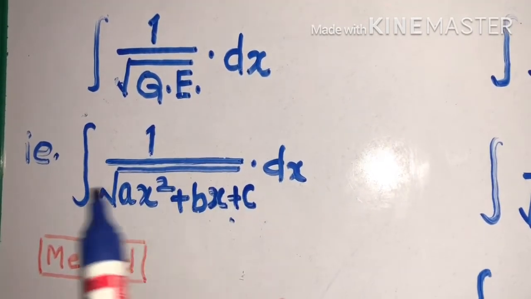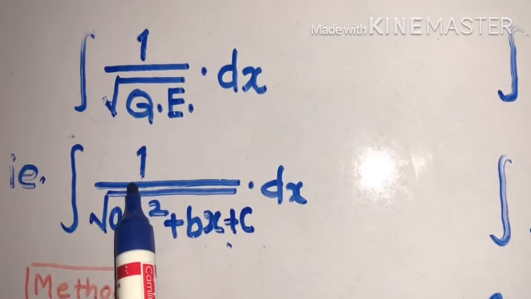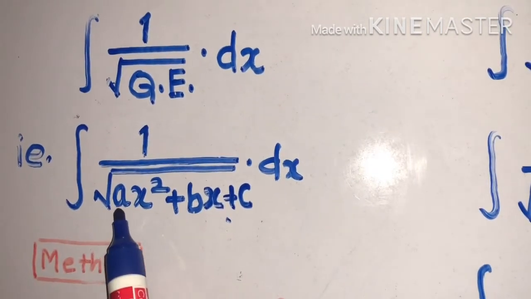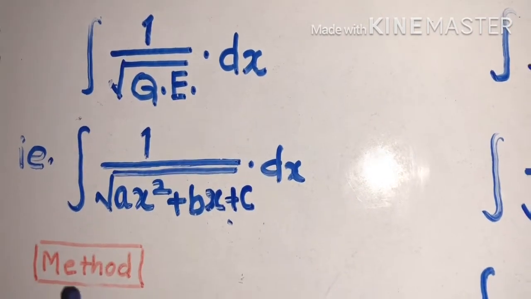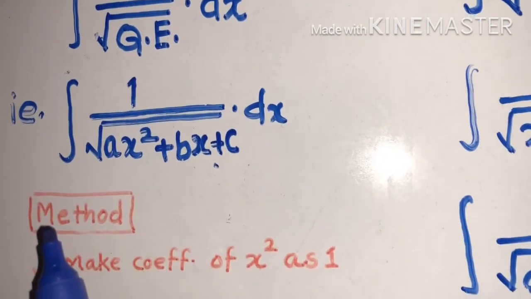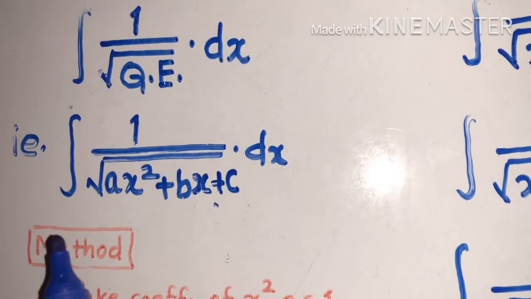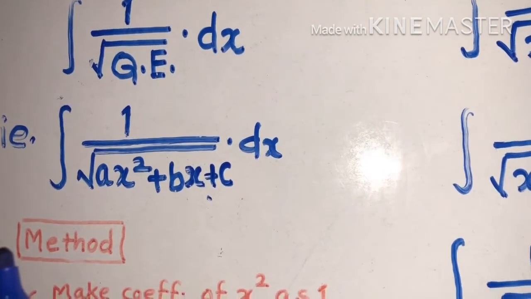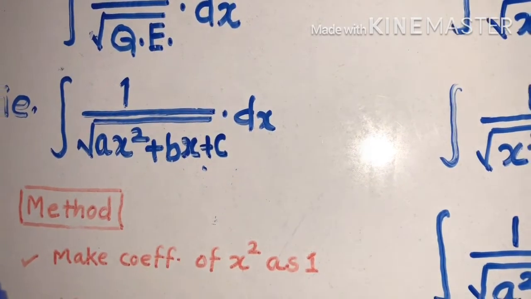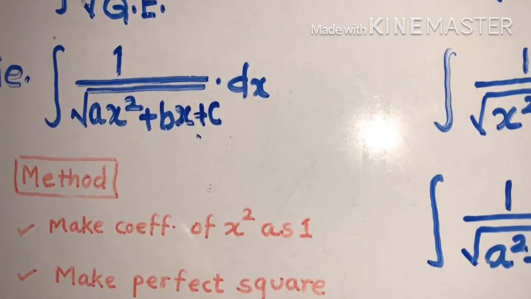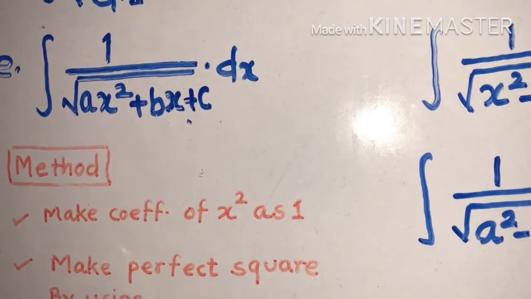I mean to say integration of 1 upon root ax square plus bx plus c dx. So the method of this type is almost the same as whatever we have done in the type 1 upon quadratic equation. So we'll see the method of it.